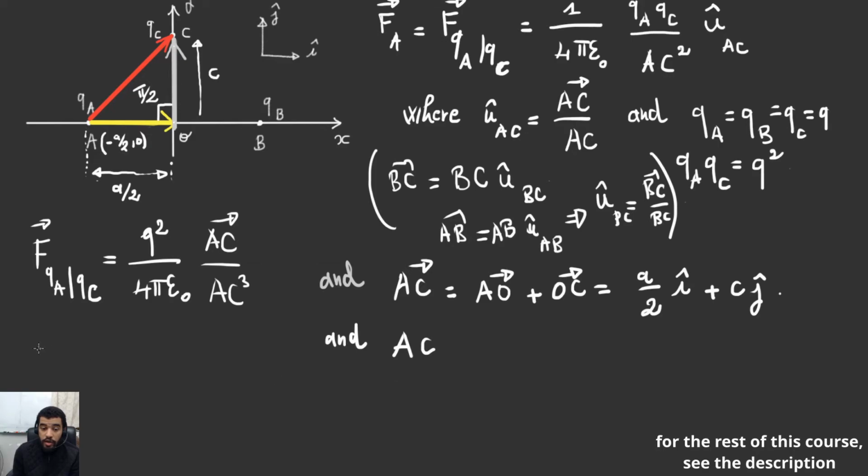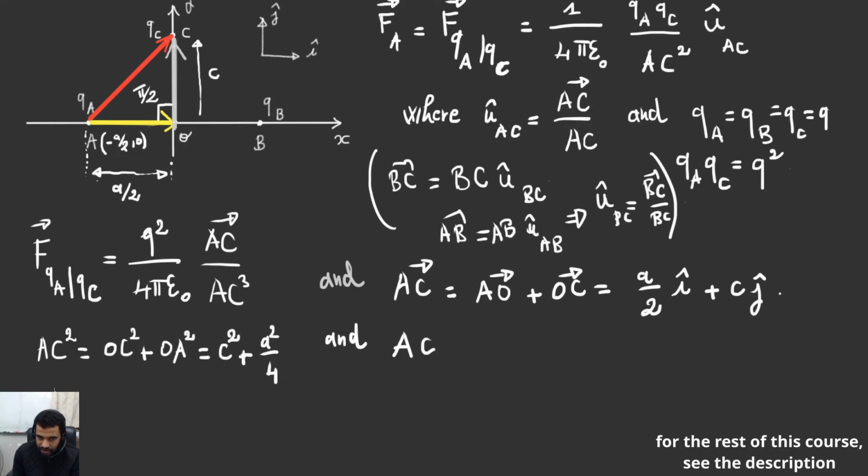So AC squared is exactly OC squared plus OA squared, which equals c squared plus a squared over 4.